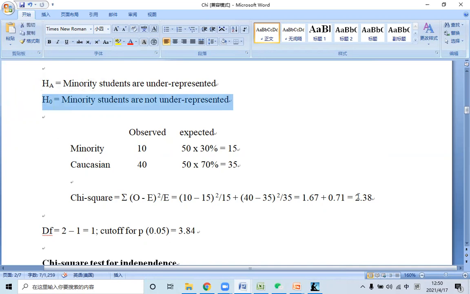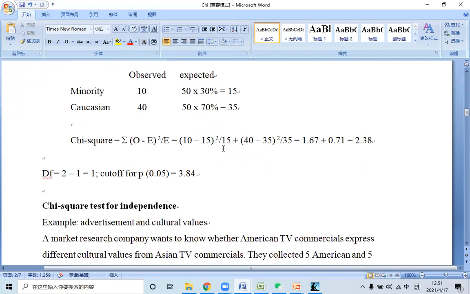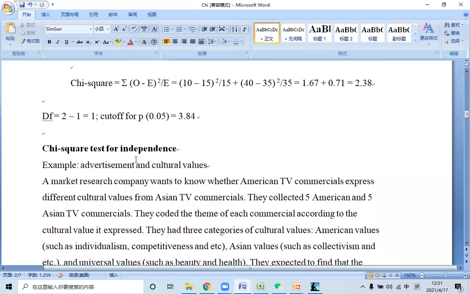The chi-square value in this case is not large enough to reject it. We cannot say that with this evidence minority students are underrepresented and do not fit the pattern of 30% versus 70%. This is a chi-square test of goodness of fit. How good is the fit?